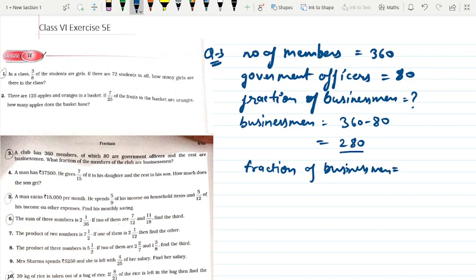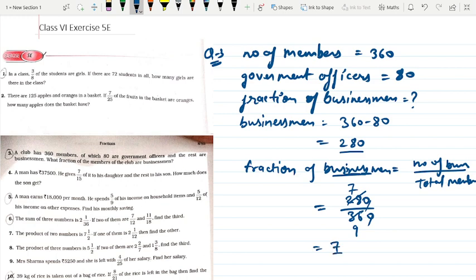That will be the number of businessmen upon total members. So just write down, number of businessmen is 280 and total members are 360. So just cancel out by which number? 4 7 ja 28, 4 9 ja 36. So 7 upon 9, that is your answer.